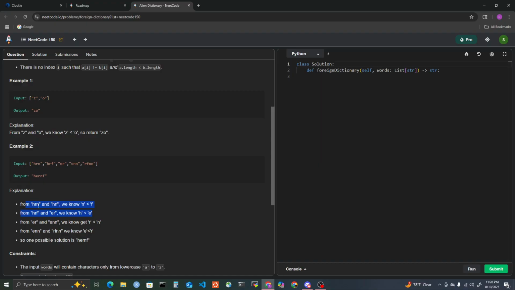Okay, but how does that say? We just know N's greater than H and R, and F's greater than H and R, but we don't know that N's less than F. What?